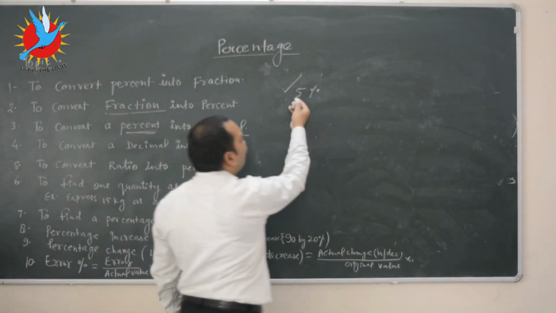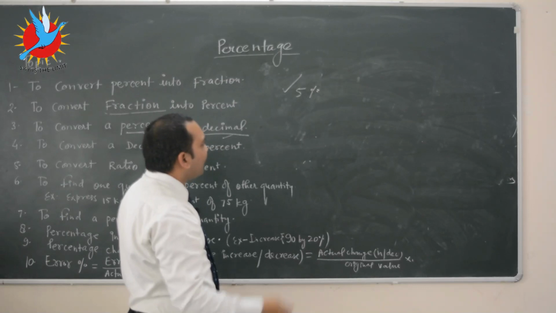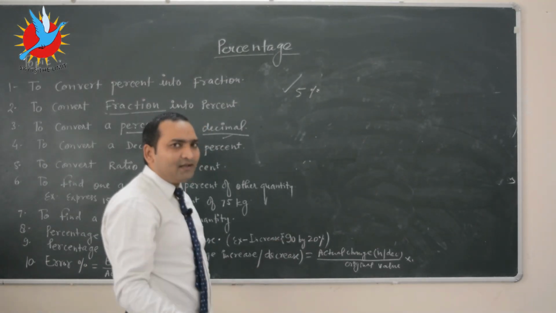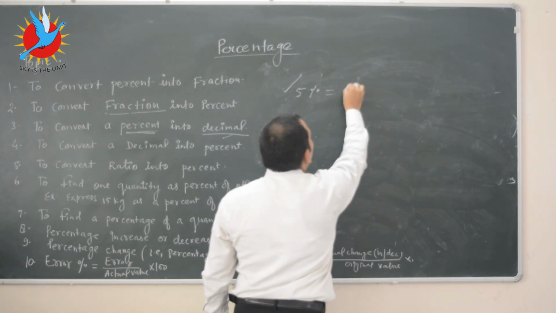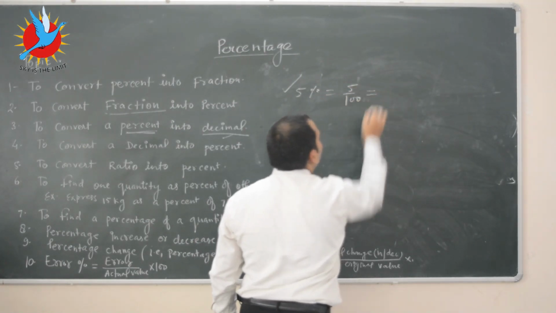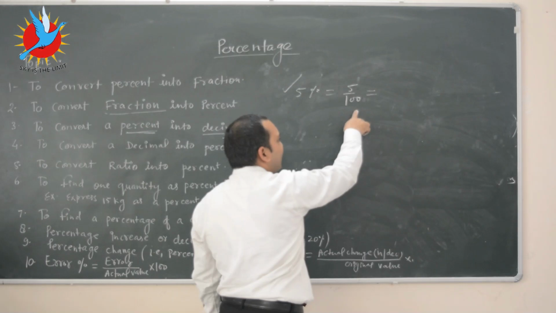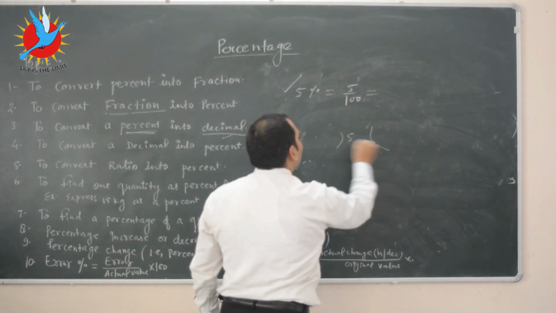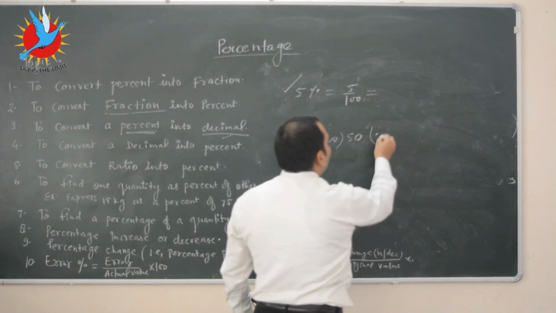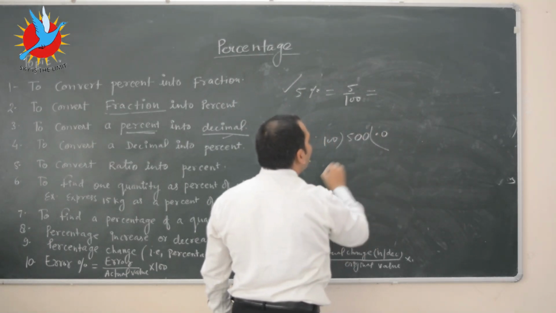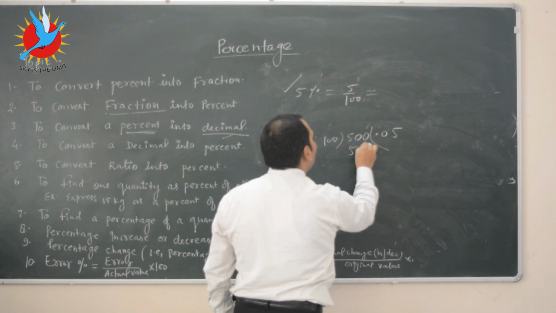First we convert the percent into a fraction and then convert into decimal form. What is the value of 5%? 5 upon 100, which is equal to 5 divided by 100, point, 50, once again 0, that is 500, 100 5s are 500.